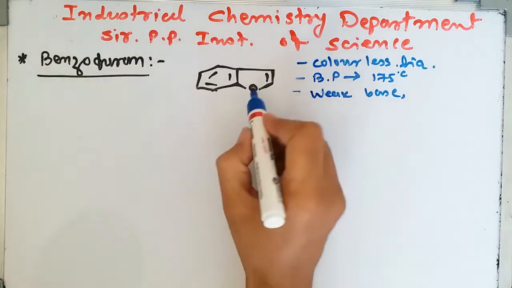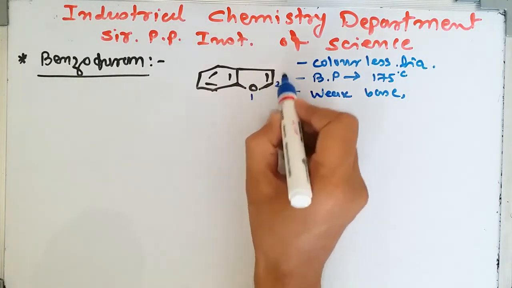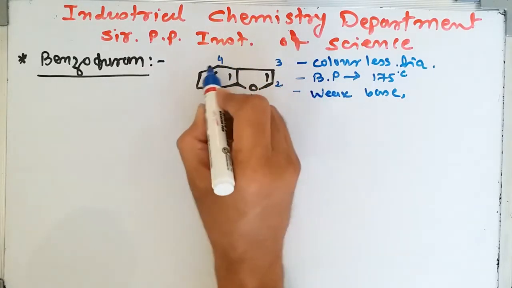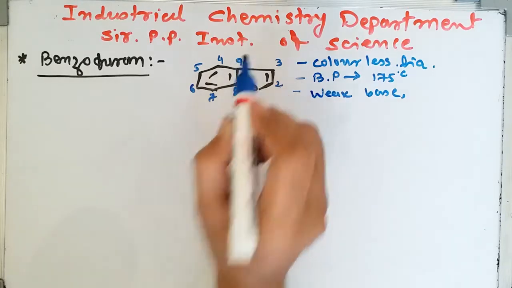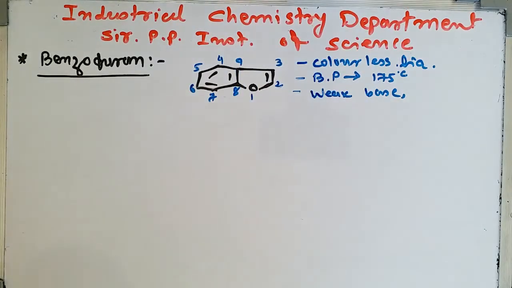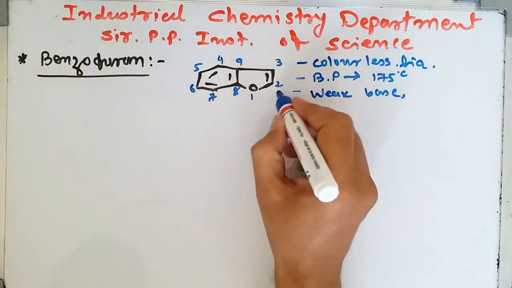In position 2, we give numbering 1, 2, 3, 4, 5, 6, 7, 8 and 9. Then the substituted group is introduced at the second position.